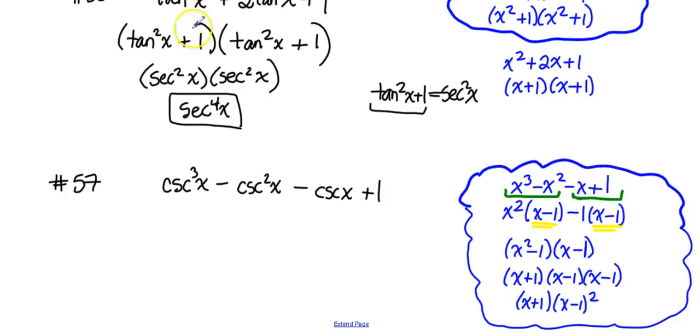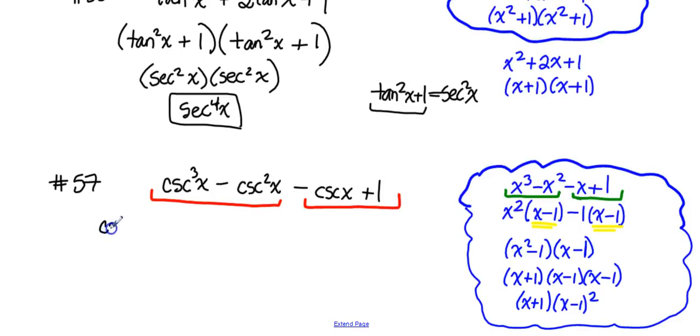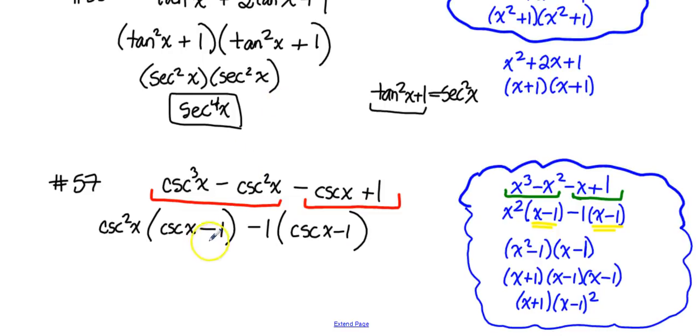So let's apply that idea of factor by grouping to this example and see what happens. I can factor out cosecant squared, which leaves behind cosecant minus 1. And if I factor out a negative 1, I get cosecant minus 1, which is awesome because now I have that common group.